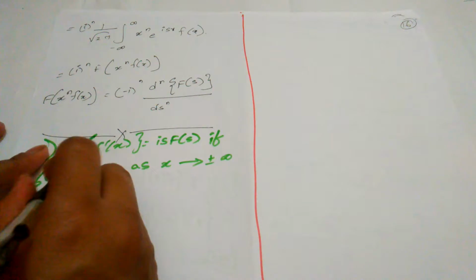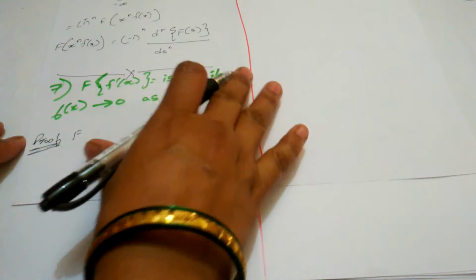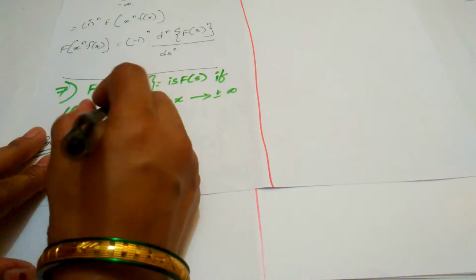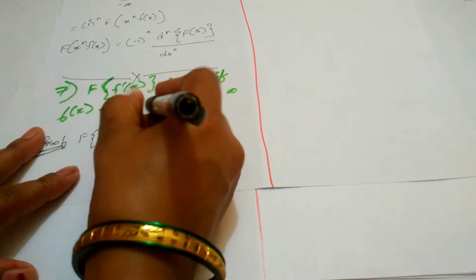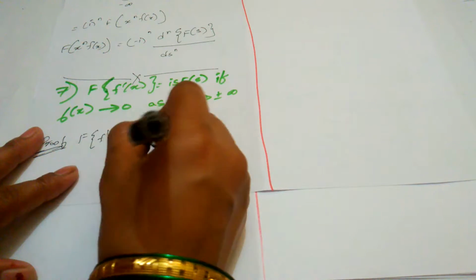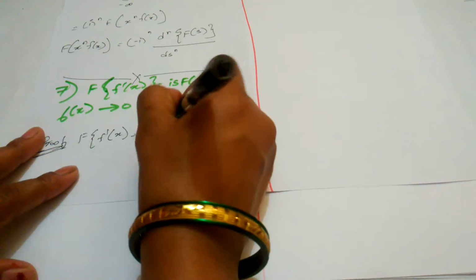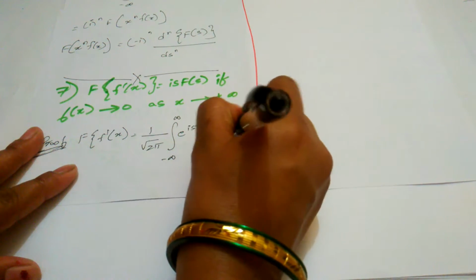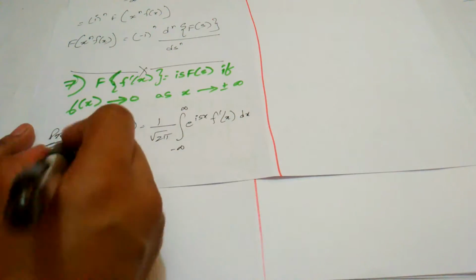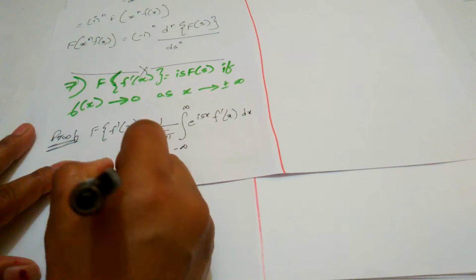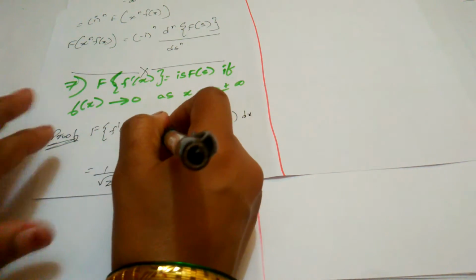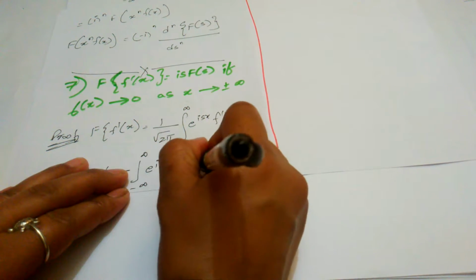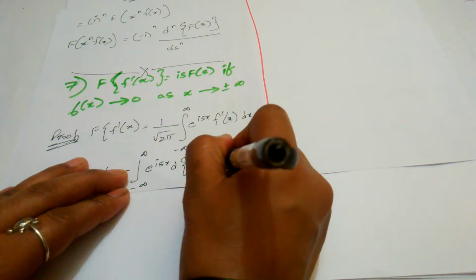So what we have to prove first is, just see, F of f dash of x is equal to 1 upon square root of 2 pi integral minus infinity to infinity e^(isx) f dash of x dx, or 1 upon square root of 2 pi integral minus infinity to infinity e^(isx) the derivative of f(x), it will be dx.